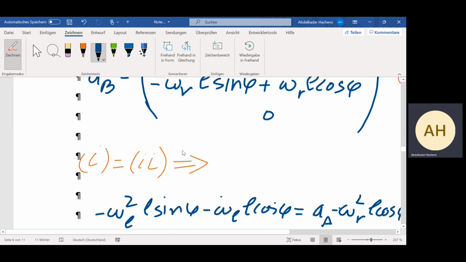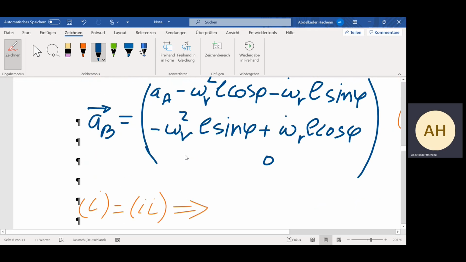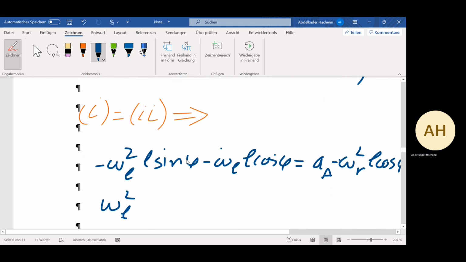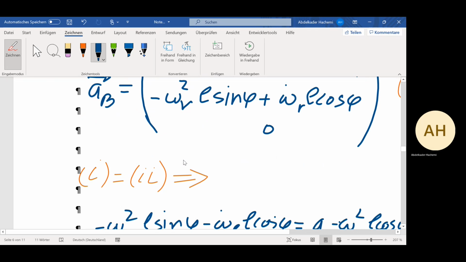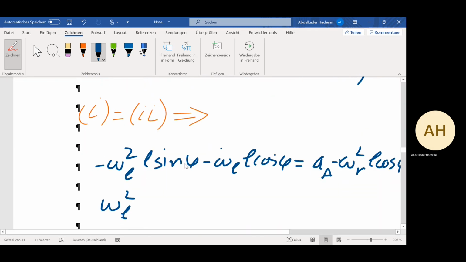I return back here to the equation, omega R square, write it differently.